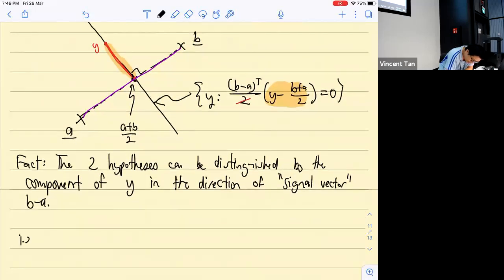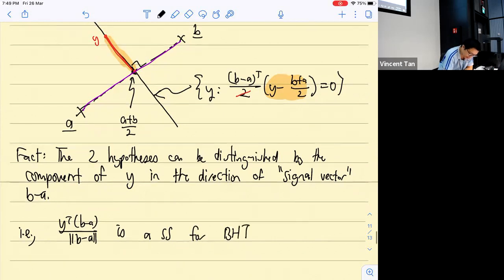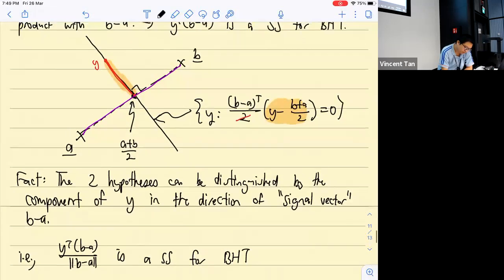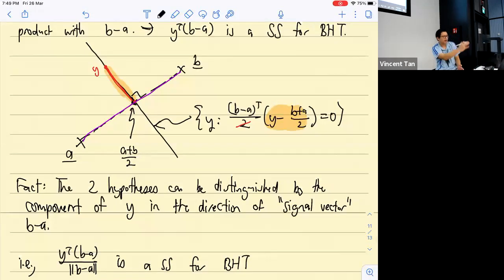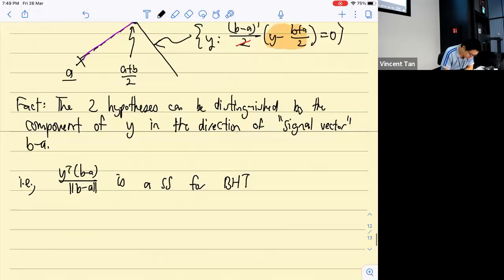In other words, the projection is a sufficient statistic for the binary hypothesis test. So we have basically reduced the problem down to a one-dimensional problem. Originally, the problem was high-dimensional, but we have reduced it to a one-dimensional problem.